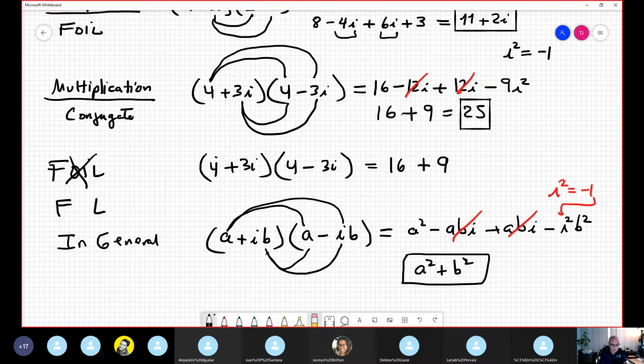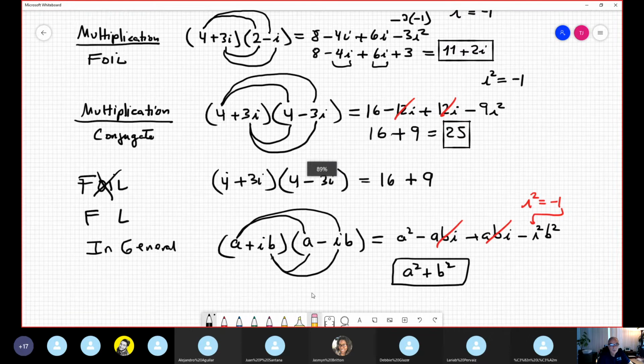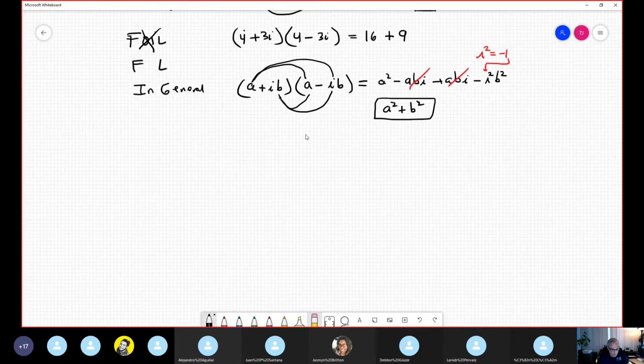Let's practice a little bit. Let's practice multiplication of conjugates, which gets a special important product. Okay, suppose this example, and you help me. Suppose you multiply 2 minus i times 2 plus i.